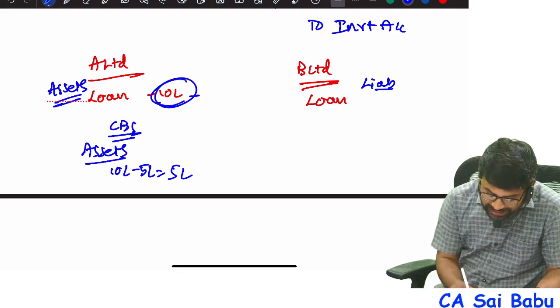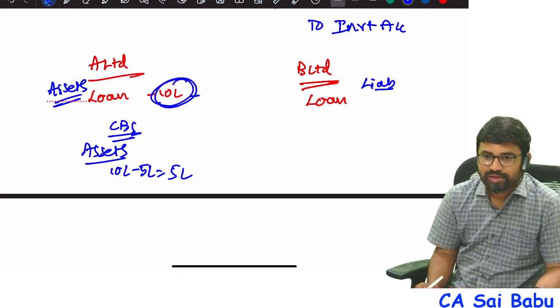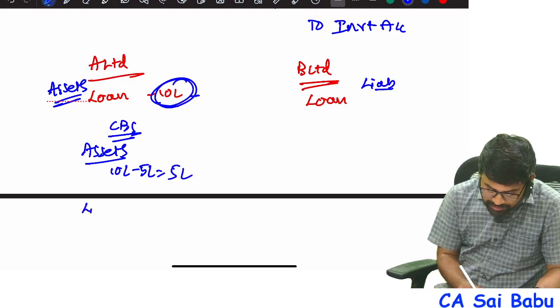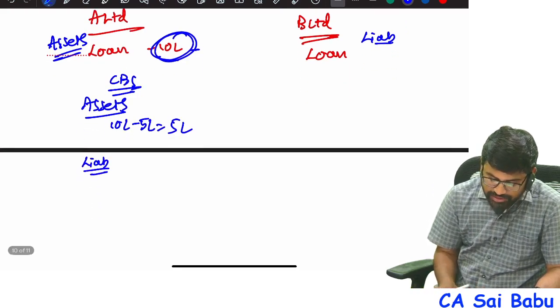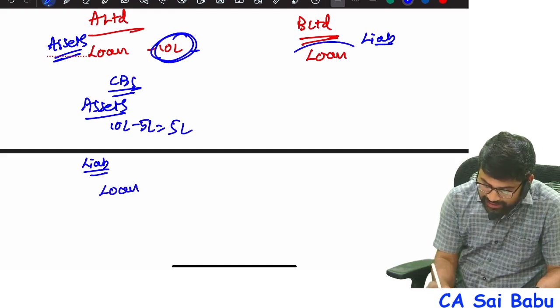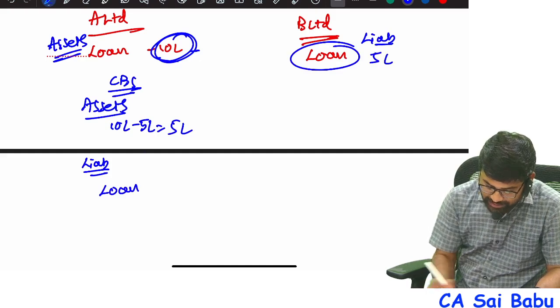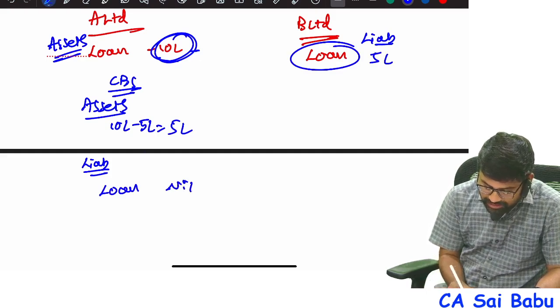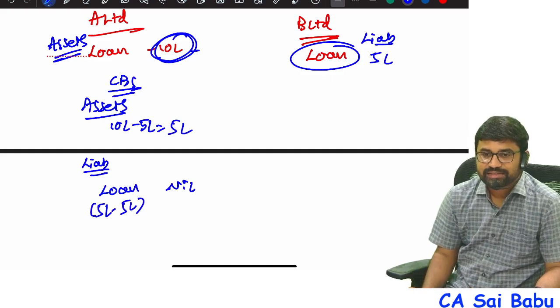Because in this 10 lakhs, how much is given to B? 5. Now, when it comes to liabilities, B Limited loan is there, 5 lakhs. We will take how much? Nil. Why? 5 lakhs minus 5 lakhs. Why we deducted 5 lakhs?